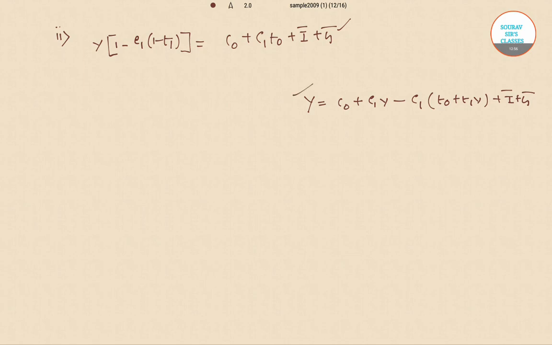So from here, what we can do is we can simply find this value. If you take this part and this part on the left hand side, it will basically become Y minus C1Y, and this will become minus C1 T1Y, and on the right hand side we will be left with C0, and it will become minus C1 T0 plus I bar plus G bar.